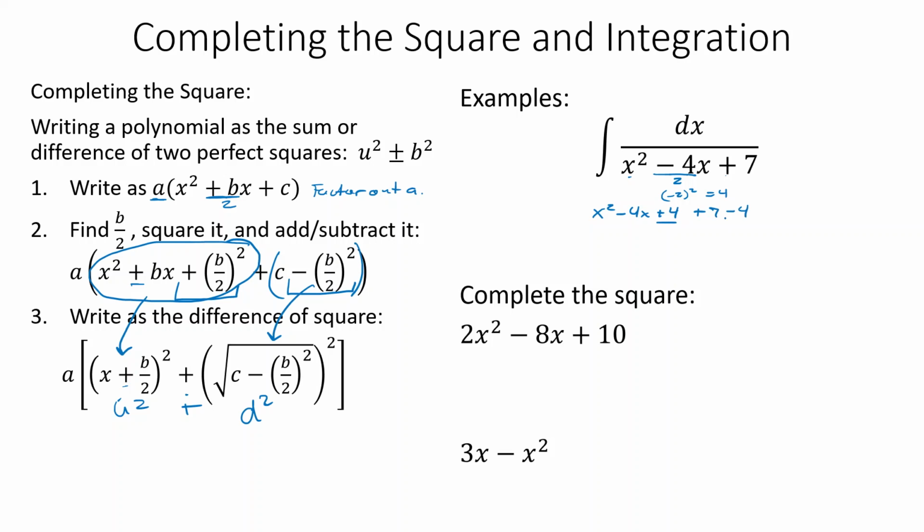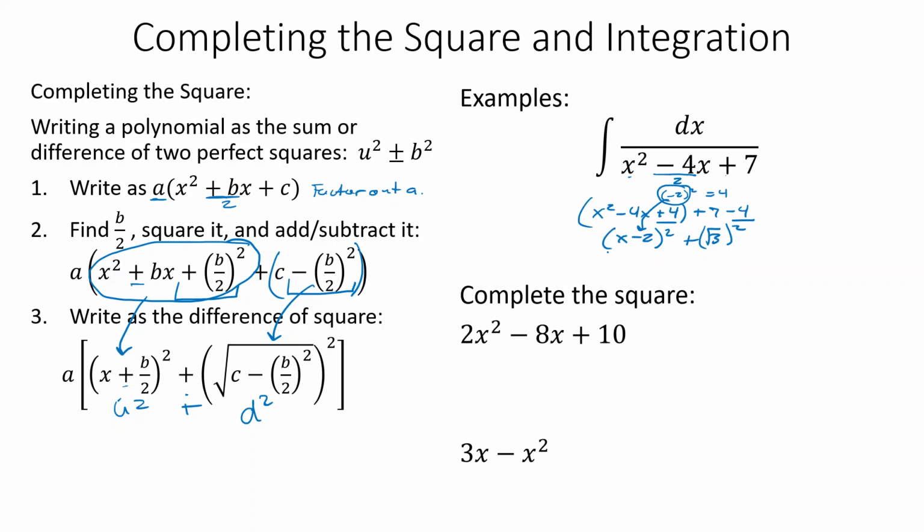So now we've added 4 and we've subtracted 4. So technically we haven't changed the bottom here. If we put these guys together, this factors perfectly into x minus 2 squared. It will always just be whatever number we had in here, right there. Plus, and 7 minus 4 gives us 3. So we could say this is the square root of 3 squared.